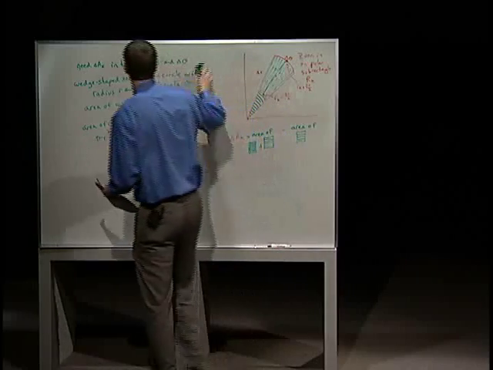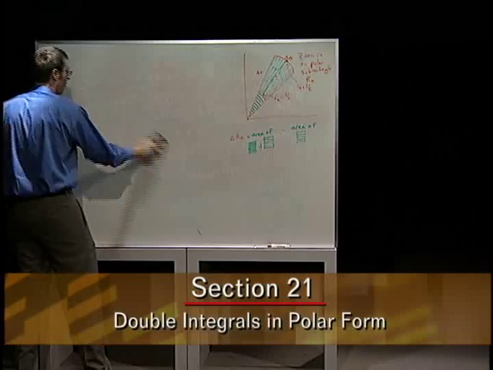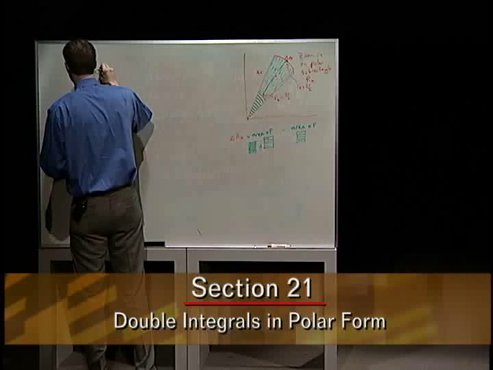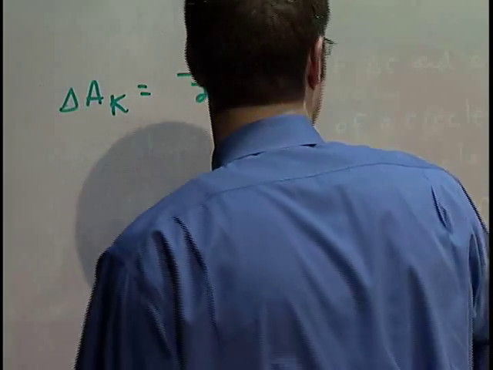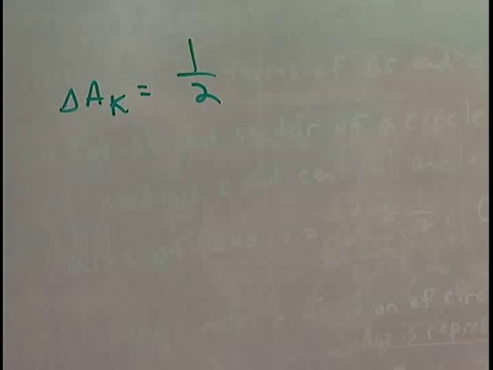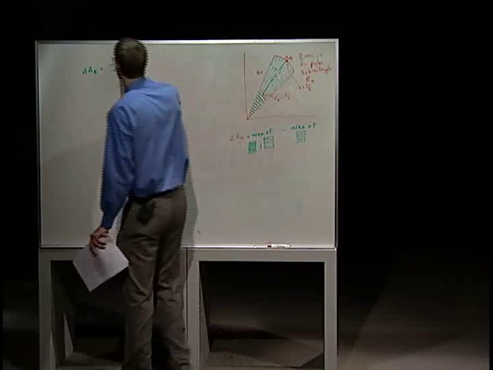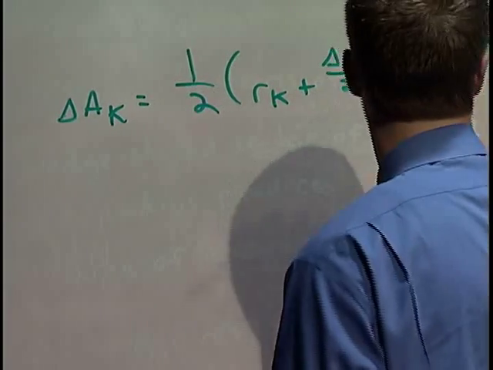Let's come over here. Well, at least I have an area formula for the wedge. That helps a lot. So delta A sub k, what's the area of this whole big piece here? It's 1/2 times the radius squared times theta. What's the radius of the whole big piece? This radius right here, that's r sub k plus delta r over 2, squared.